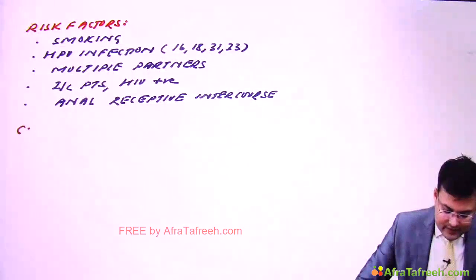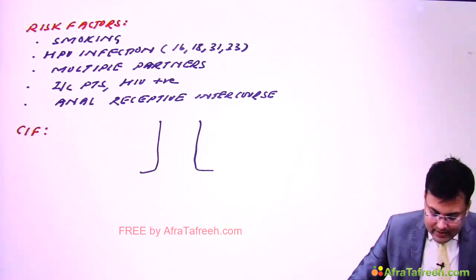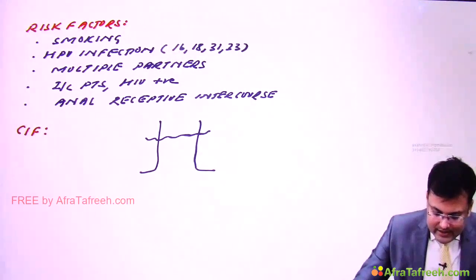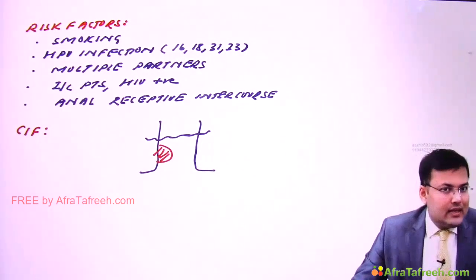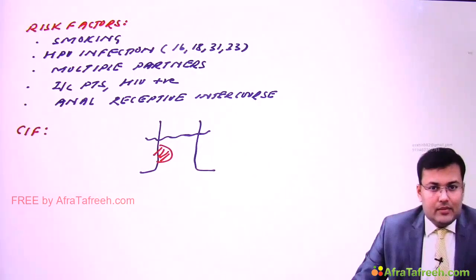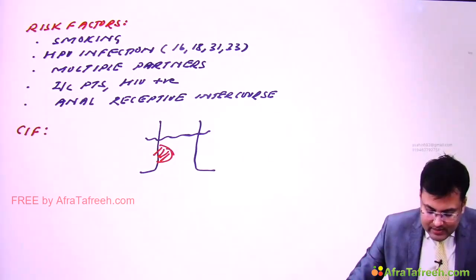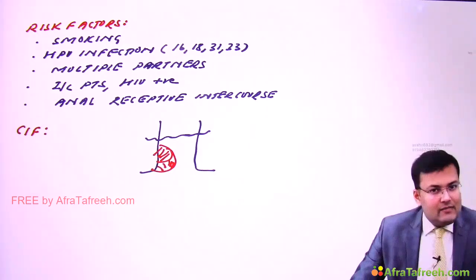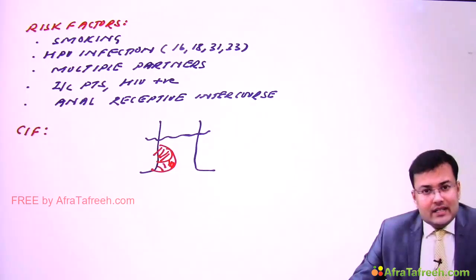Now see the clinical features. It is very easy to understand. If you see, this is the anal canal. Initially the malignancy is inside the anal canal, and what is the symptom? The patient has bleeding PR. Over a period of time, you will notice that this malignancy or part of it comes out. When it comes out, the patient will have foul smelling discharge.